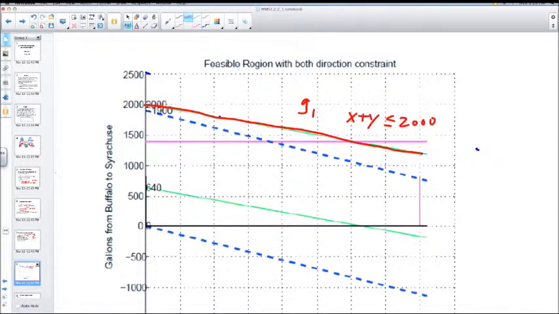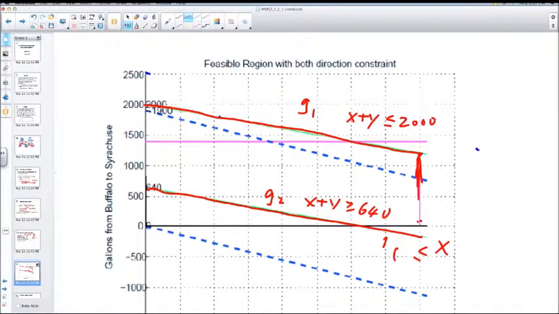And the G2, that's the lower limit, is going that way. The G2 is x plus y greater than 640. See the 640? The third one is this. The x must be greater than 0, less than 800. That's this one.